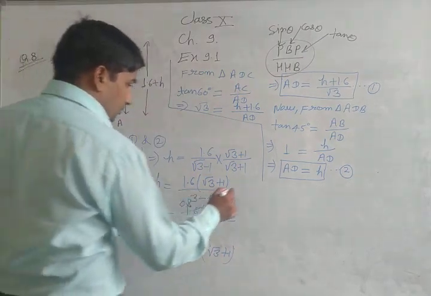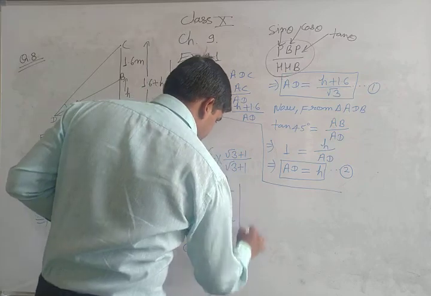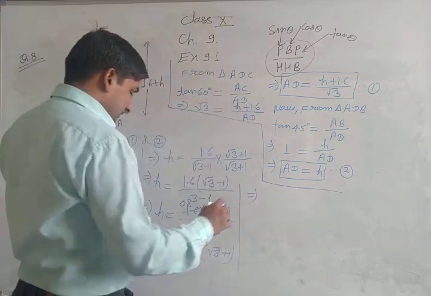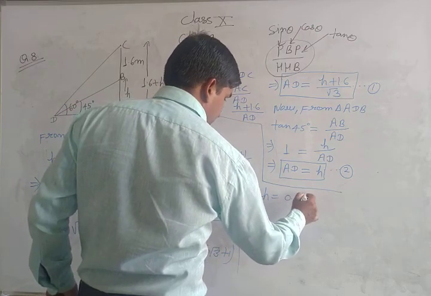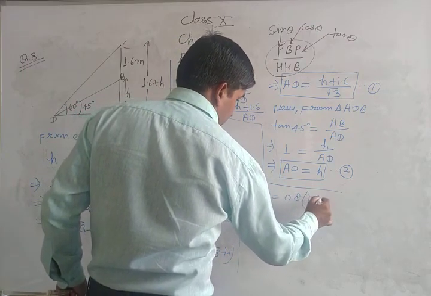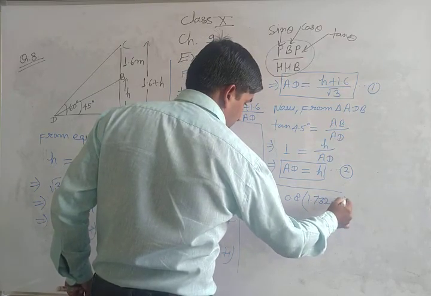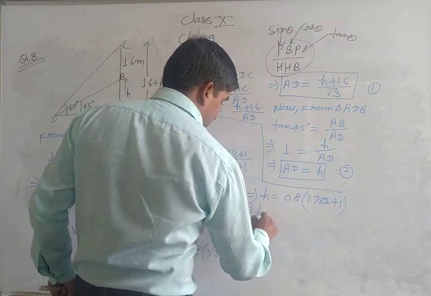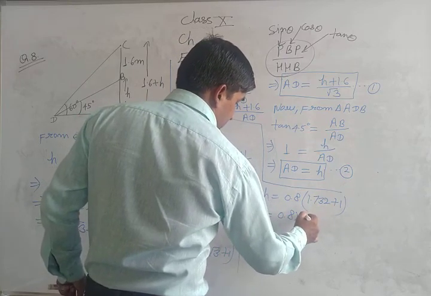When you solve this, h equals 0.8 times 1.732 plus 1.